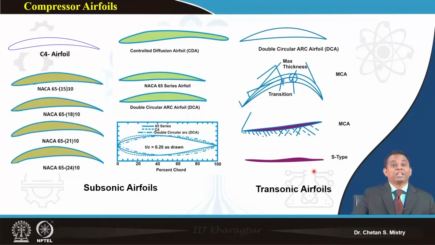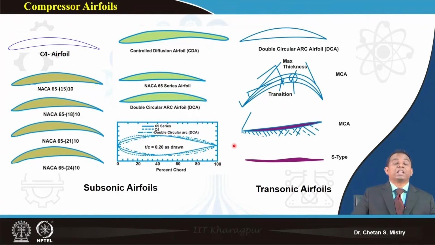So you can understand, day by day people are going very aggressive in designing these compressors. This is what is called your transonic airfoil. So we have subsonic airfoils and we have transonic airfoils. Initially, when you do your design, you will take one of the standard data that is available to you in open literature.